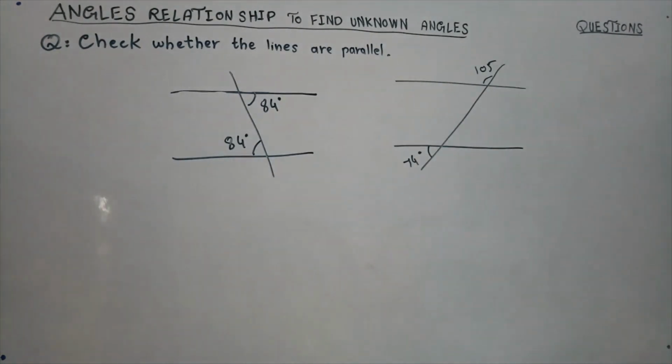So we will apply the rules, and if we get a correct answer, we can say that these two are parallel lines, and if we do not get the correct answer, we can say that these two are not parallel lines.